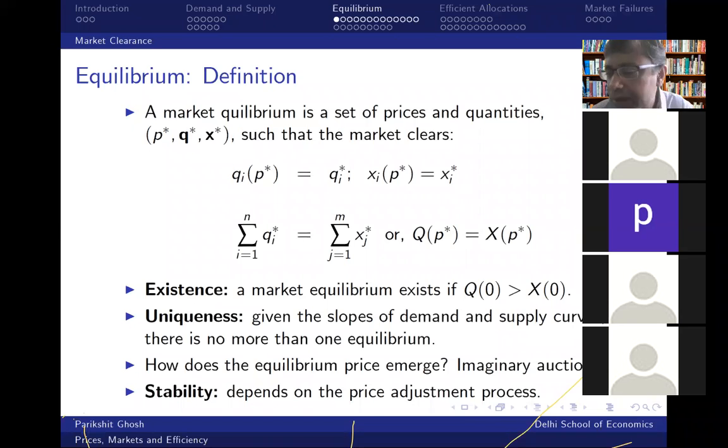Do markets produce good outcomes? That's in some sense the broad question. That will of course depend on what we mean by good outcomes.